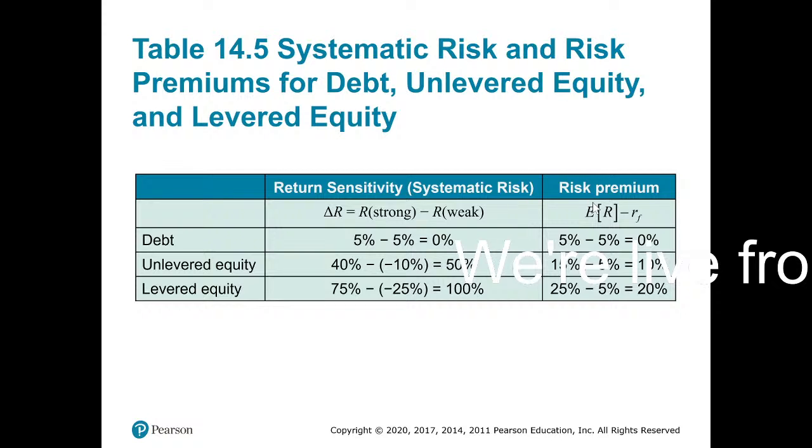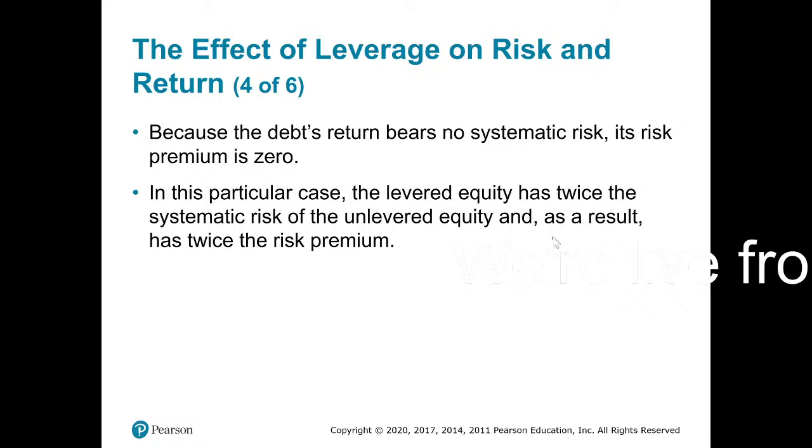So that's the excess return, the return in excess of a risk-free rate. That's the definition of risk premium. So the debt has zero risk in this case, and equity doubled its risk, and the risk premium also doubled.